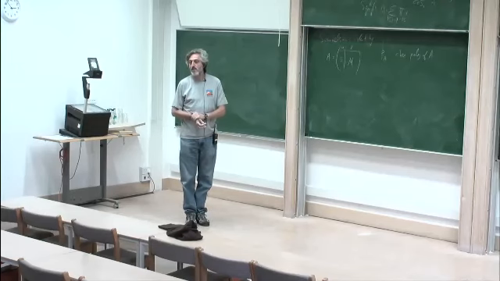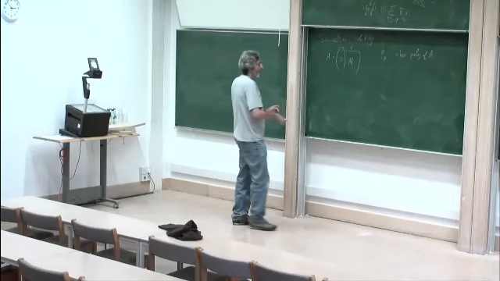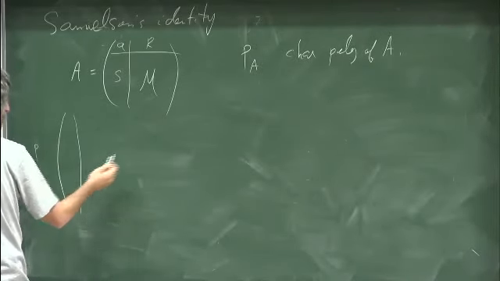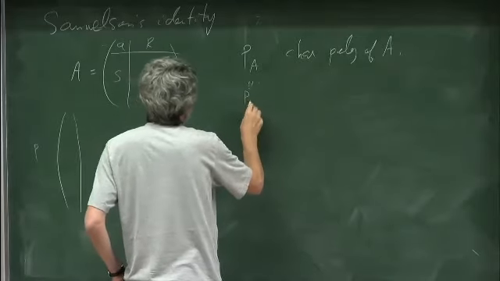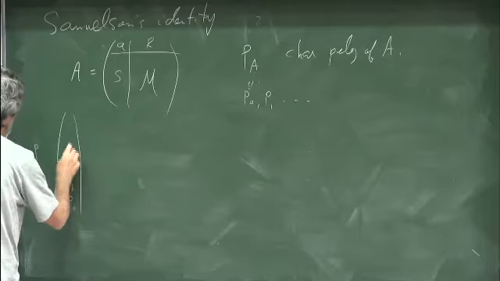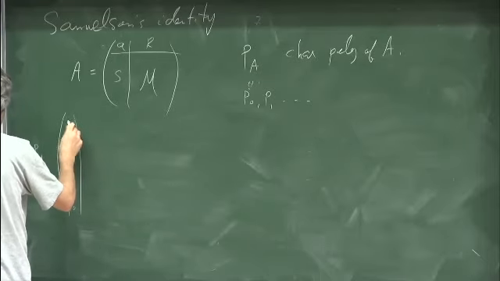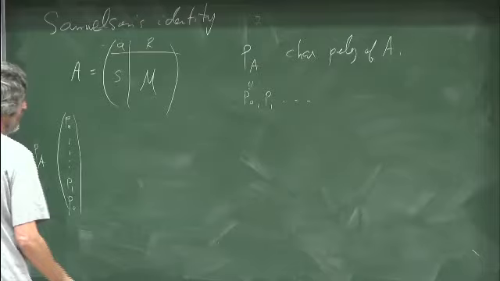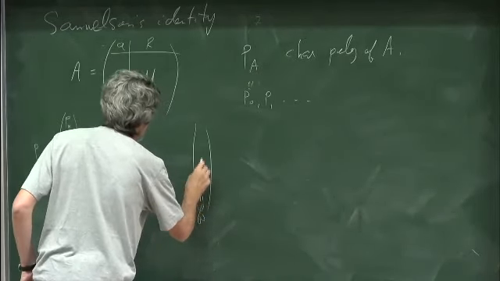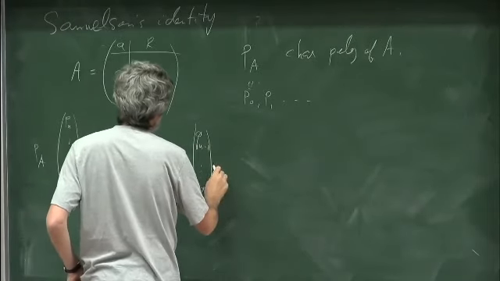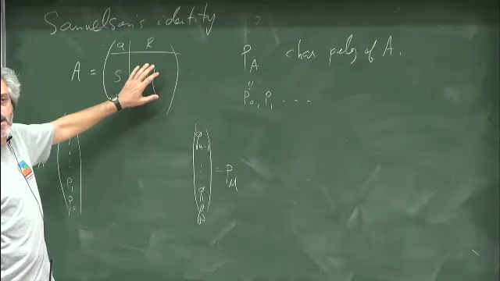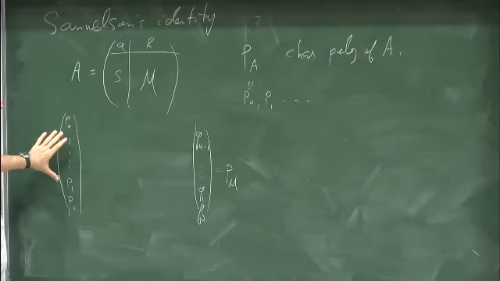It turns out that all you need to do is just matrix multiplication. So you write this vector P, the coefficients P0, P1, up to P sub n, and you want to compute from it Q0, Q1, up to Qn minus 1, which are the coefficients of P sub M. So you assume you recursively computed the characteristic polynomial of this guy, and you want to compute the characteristic polynomial of this guy.